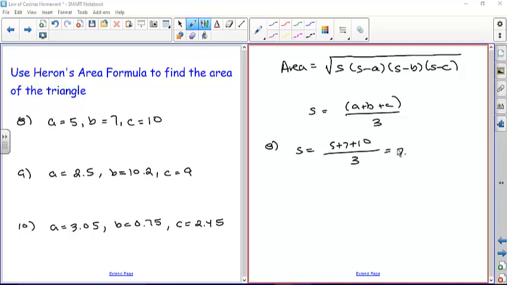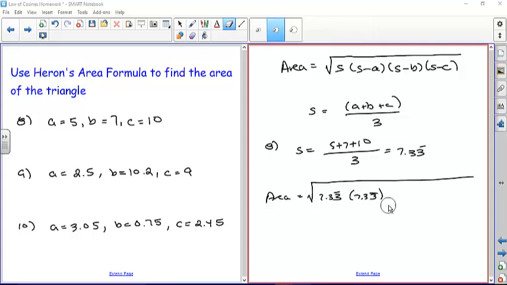So we get 7.33. And the area is the square root of 7.33 times 7.33 minus A, which is 5. A's this one, B, C.